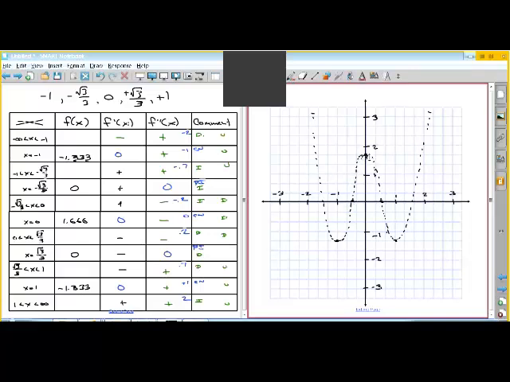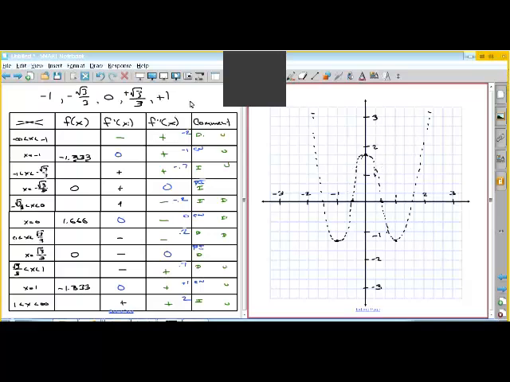So is this all true? It's concave up until this point, then it's concave down, then it's concave up. So we're seeing up, down, up. The function is decreasing until you get to x equals -1, then it's increasing until you get to x equals 0, then it's decreasing until you get to x equals +1, and then it's increasing. So everything works out. Everything makes sense.